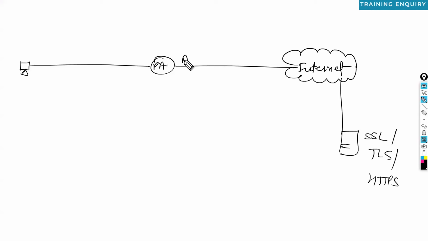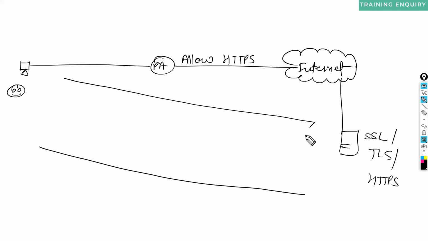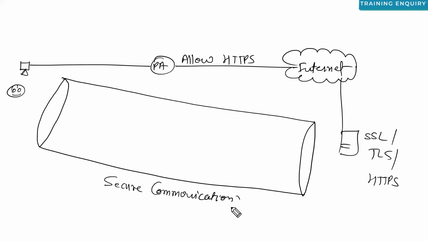On the firewall, definitely we will allow HTTPS. When we allow HTTPS, the user sitting in my LAN can establish an SSL tunnel with the server through the firewall, and using this tunnel the user can do secure communication.